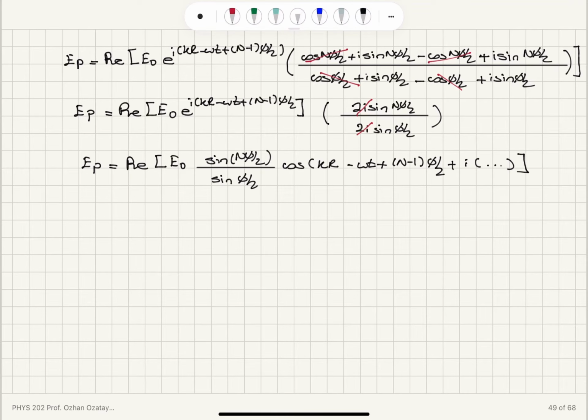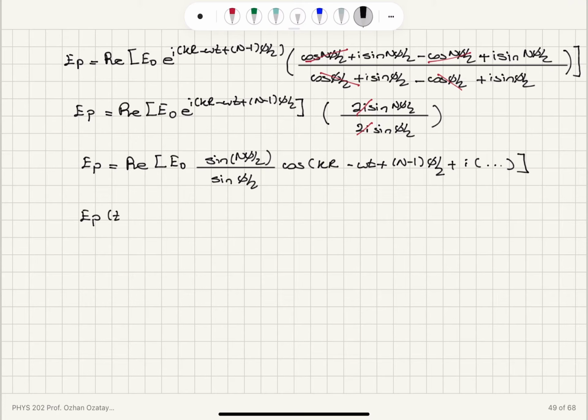So I have opened this up, so I have the real part of this here, and plus I have the imaginary part here, i times this. So the real part of this quantity is my answer. So I can find the real part.